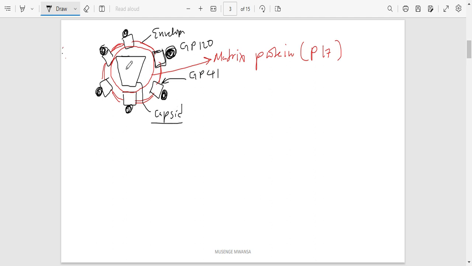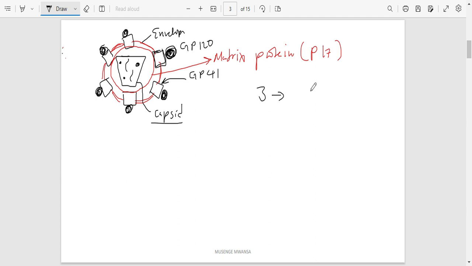Now, inside the capsid, we are going to have two strands of RNA. So these are the strands of viral RNA. Another thing that we have inside here is three proteins. So let me say we have one there, one here, three different proteins.